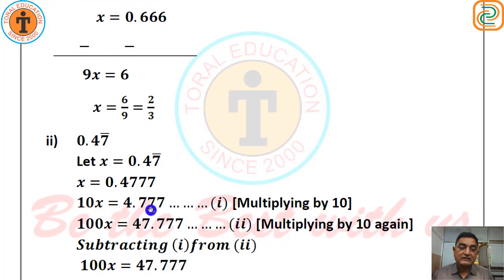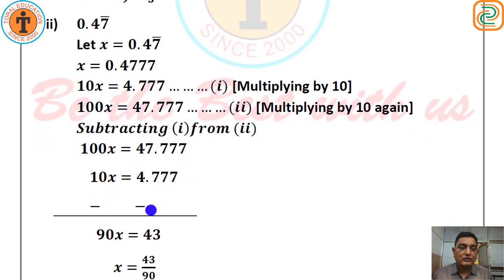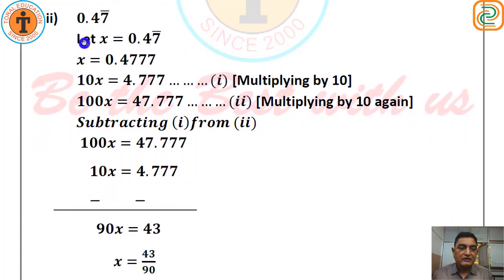Now friends, remember, the next question says 0.47 bar. Here only 7 has the bar. The first digit does not repeat, the second digit repeats. So first of all, we should multiply the number by 10.